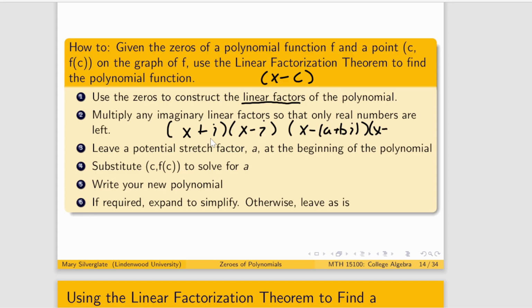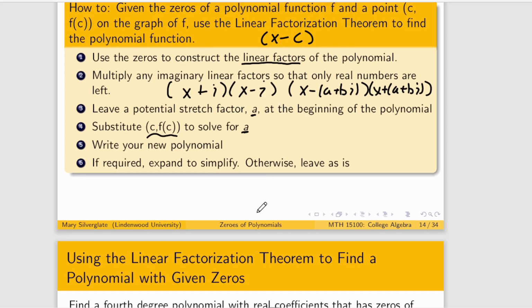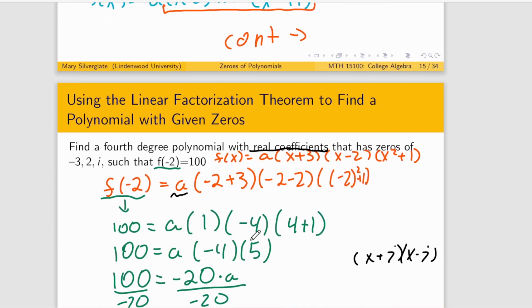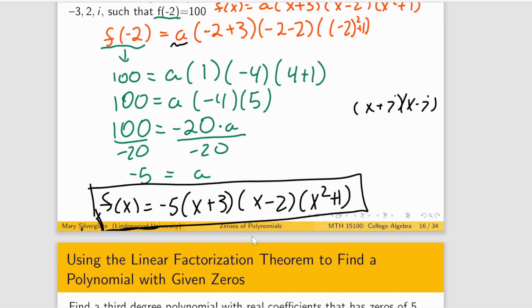And when you have a more complex imaginary number going on, you're going to want to definitely keep track of those parentheses really, really carefully. You want to leave some sort of stretch factor out front. We usually call it a, that you are going to solve for. Substitute in your point to solve for a. Then write your polynomial. If it says to expand it out, you can expand it out. That's just usually beyond the scope of what you're required to do on a test.